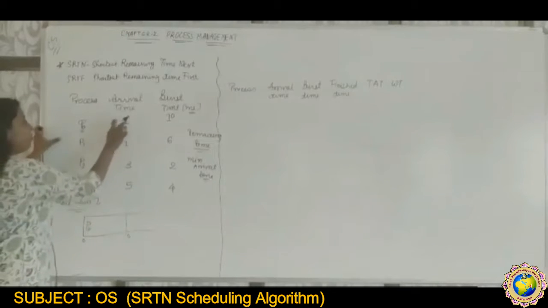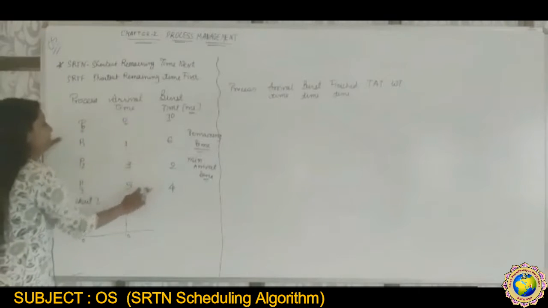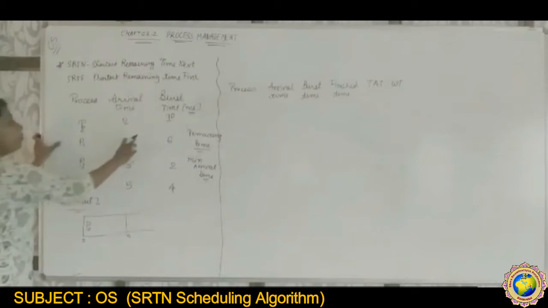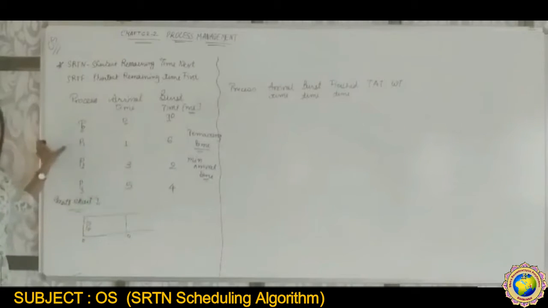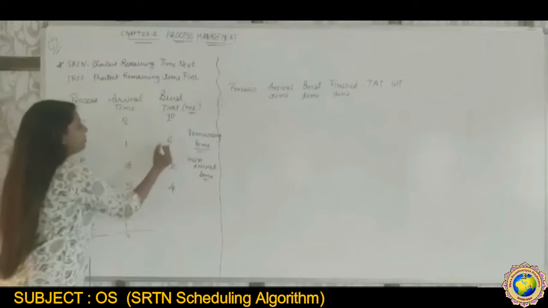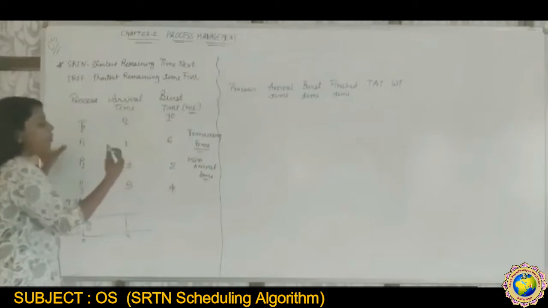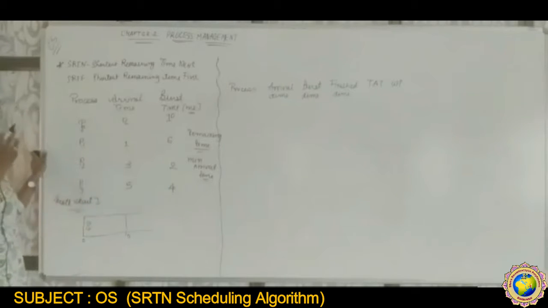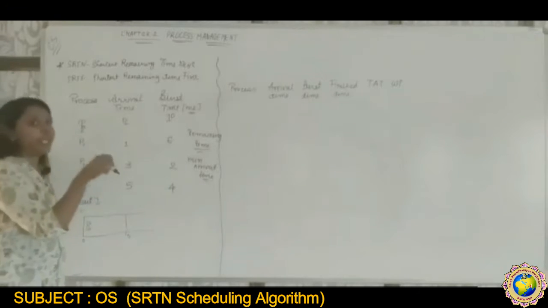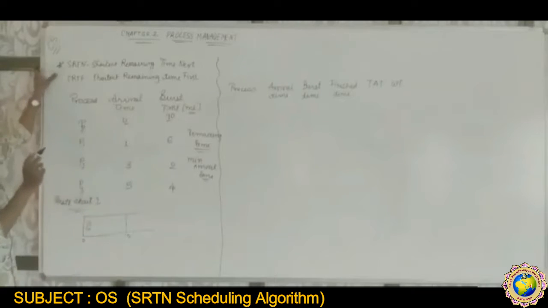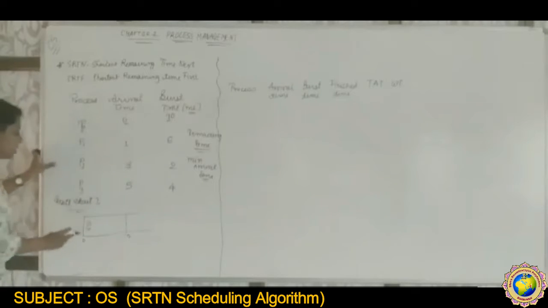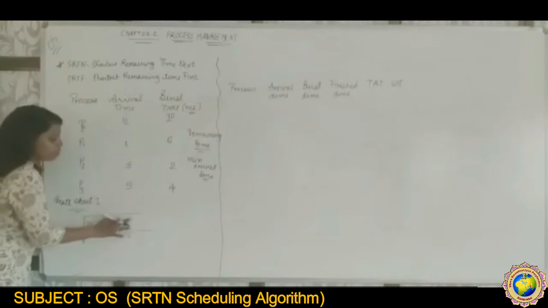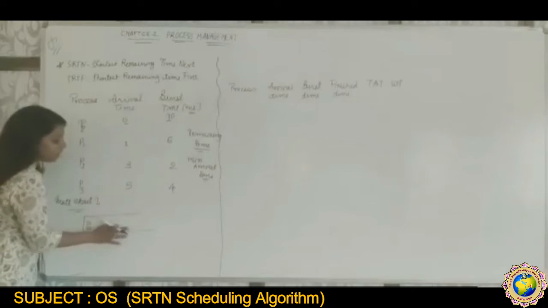And then from 0 to 10, all processes have come, meaning all processes are in the ready state. So as per the minimum burst time we follow the next process and the next process. I have already done this in SJF, but in SRTN what we have to do: first, arrival time 0, P0 arrives, yes.